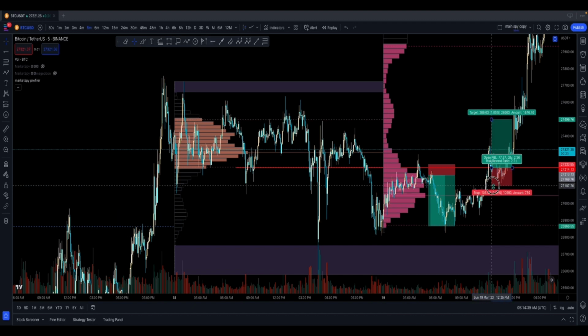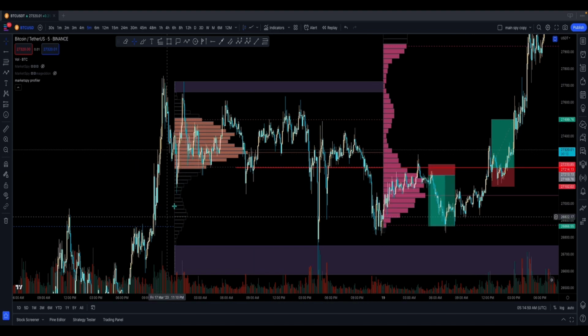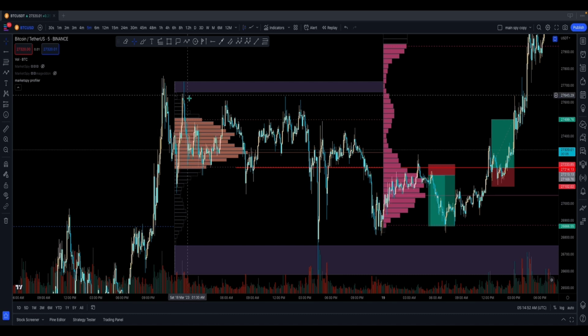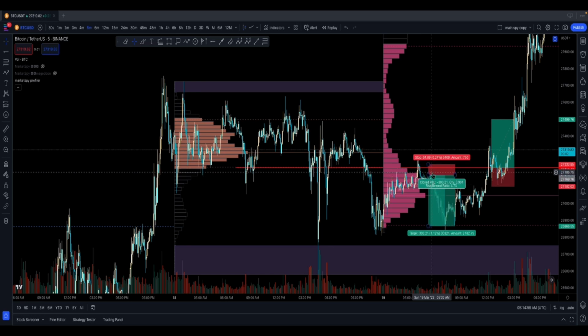Again, do not worry about my stop. Place your stop wherever you want. That's your business. But here's a trade that we have. So, new day start, we expect price to find value because it's outside of value. Gets rejected from value. We are now looking for a short. Price pumps up, we get short, bam, done.